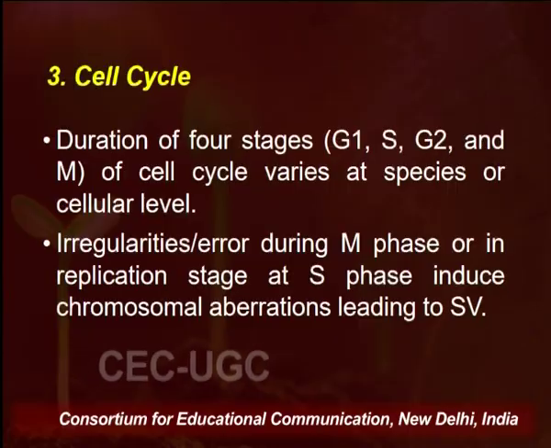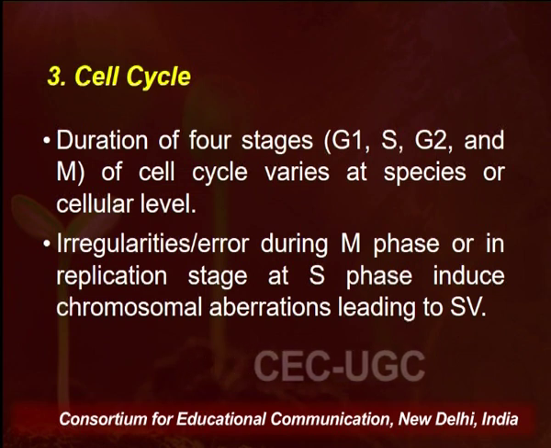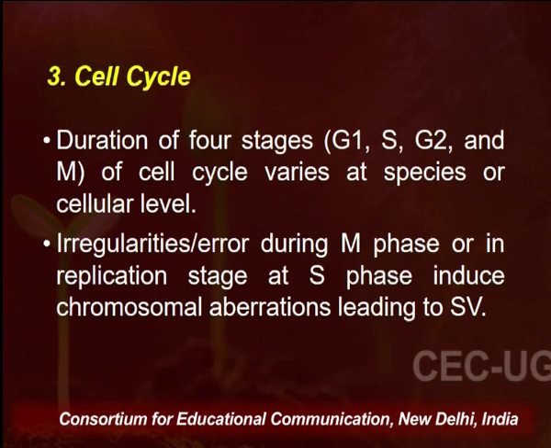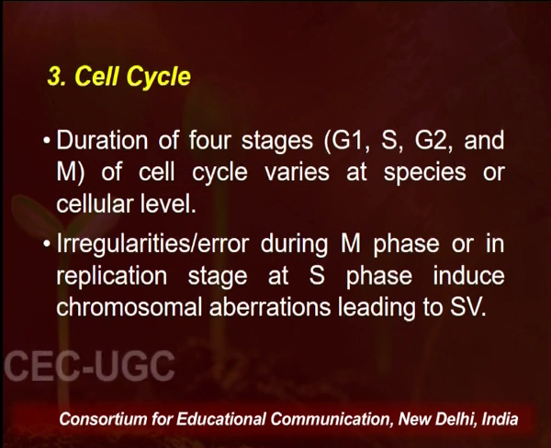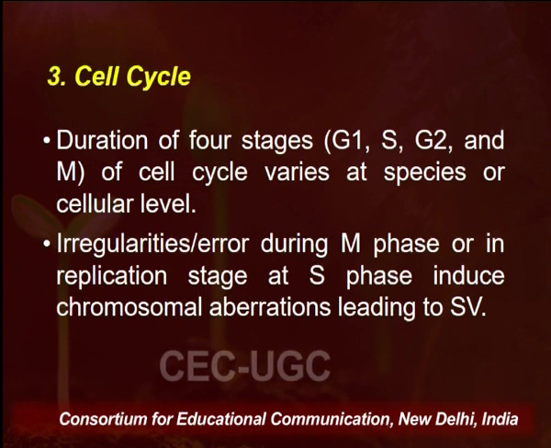Third is the cell cycle. Now, we know that every plant has its own physiological system, its own pattern of growth, and when we say own pattern of growth, that means the duration of the 4 stages of the cell cycle also varies in the species or at the cellular level, right?